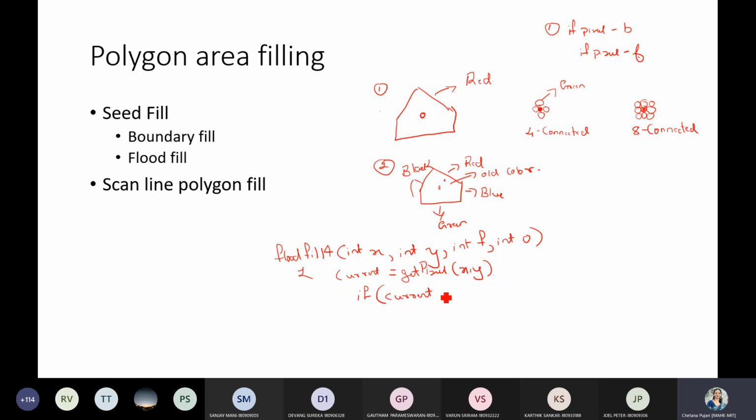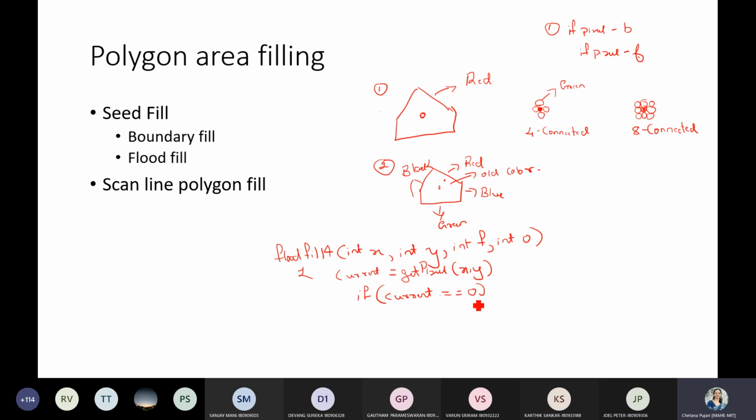You selected a pixel and you check the color of that pixel. Get pixel returns the color of that pixel. If that color is equal to the old color, as I mentioned before, all the pixels within the polygon are colored with some old color, by default white.